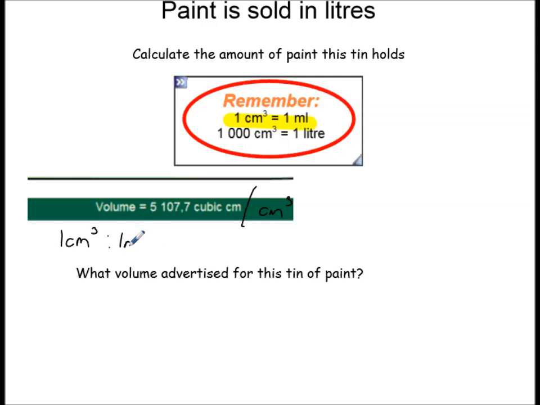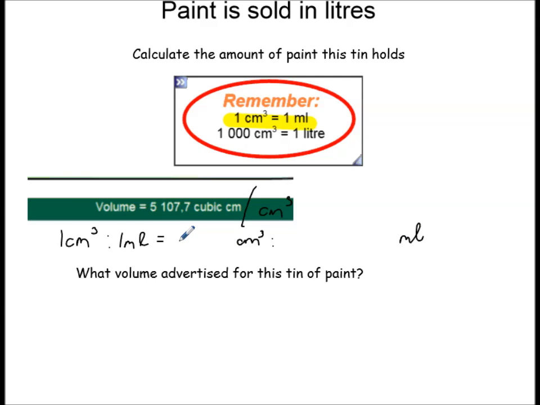So 1 centimeter cubed equals 1 milliliter. We're going to use ratio. We've got centimeters cubed to milliliters. Look what you're converting.